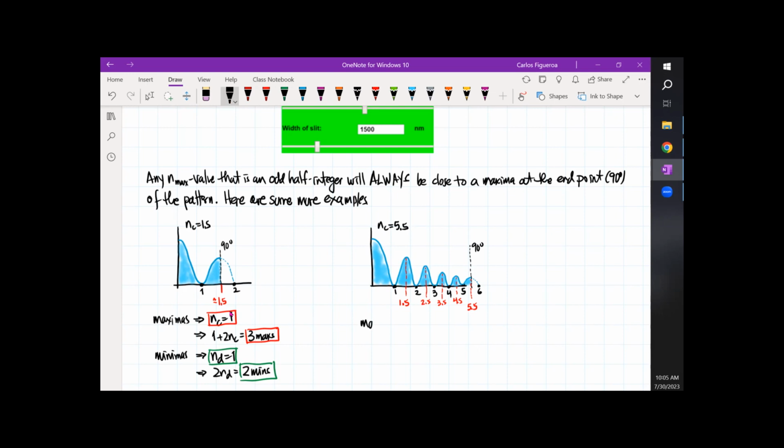If I look at the maxes, we see that there are 5 values. So therefore, NC has to be 5. And if NC is 5, that tells me I'm going to go 1 plus 2NC. And 2 times 5 is 10. So this gives me 11 maxes.